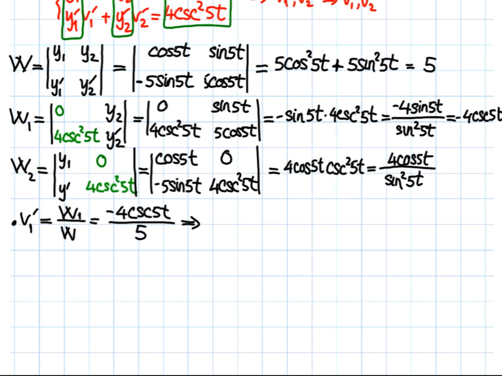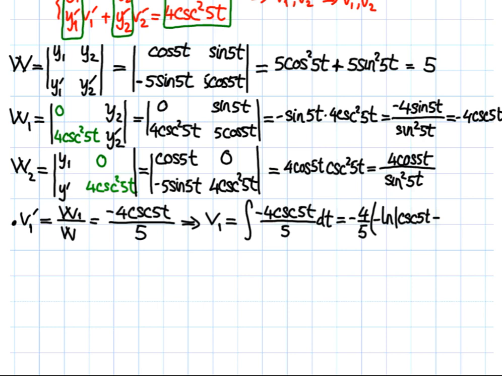And then we will integrate negative 4 cosecant 5t over 5 dt. That will be negative 4/5. The integral of cosecant is negative ln of cosecant 5t plus cotangent 5t.